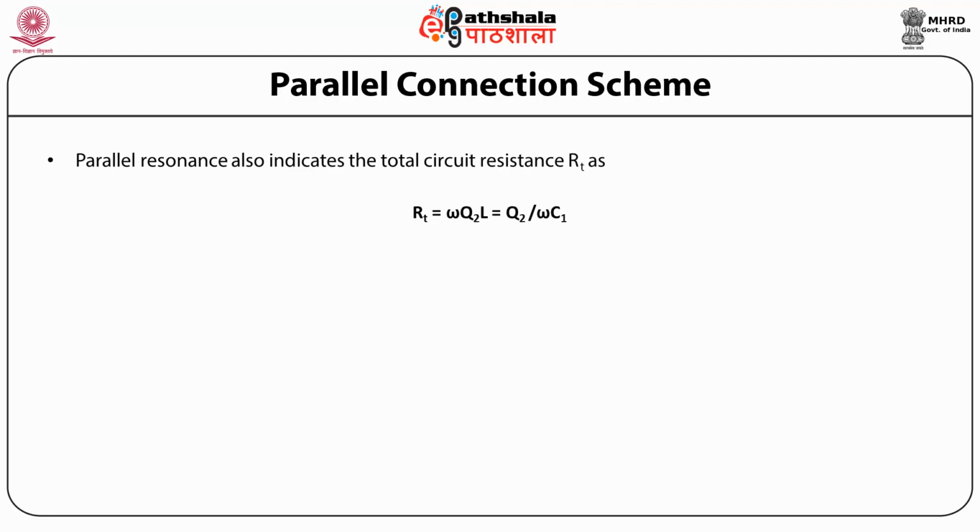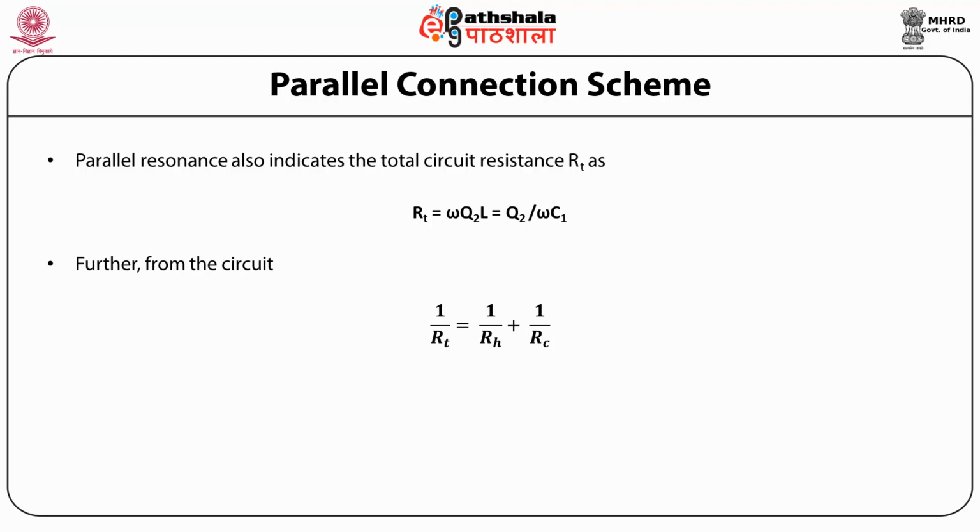Parallel resonance also indicates that total circuit resistance RT is given by RT is equal to omega Q2L, which in turn is equal to Q2 by omega C1.